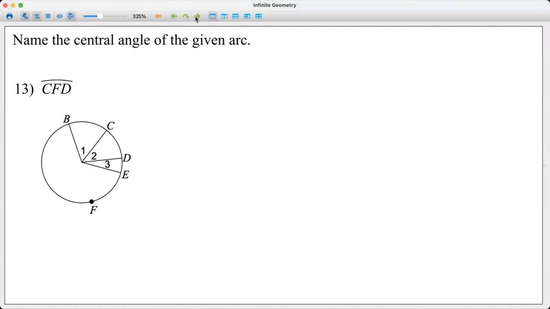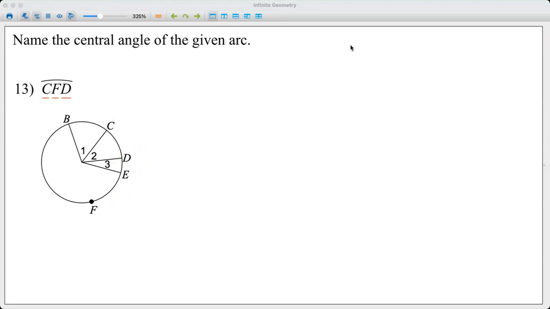All right, reversing around, now they're going to give you the arc, and they want you to name the angle. So let's see. They gave me 3 letters, so this is going to be a major arc. So I need to go from C to F to D. Make sure you go in the right direction, from C to F to D. If I go from C to F in this direction, notice I just went by D, and I need D to be the last letter.